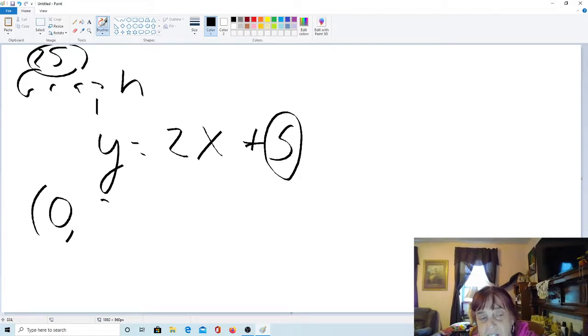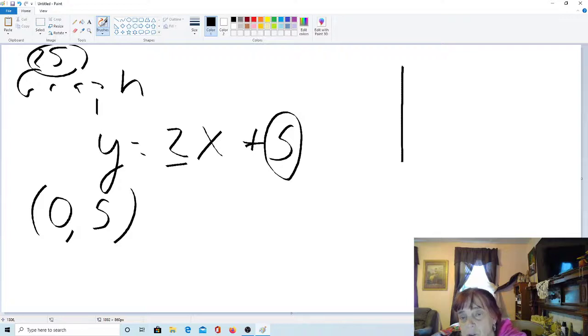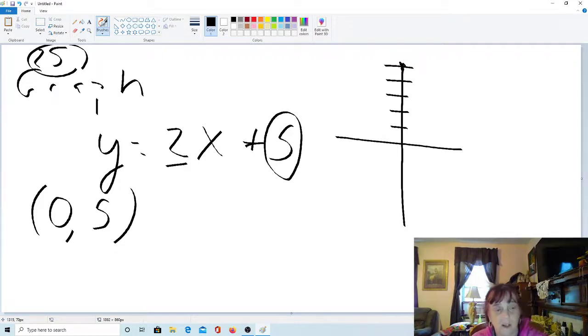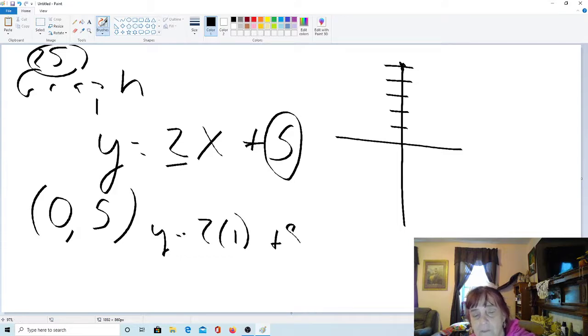In this case, it's 0, 5. And this number in front of x is your slope. So we know one point on the graph is 0, 5. And if x is 1, then y is 2 times 1 plus 5, which is 7.